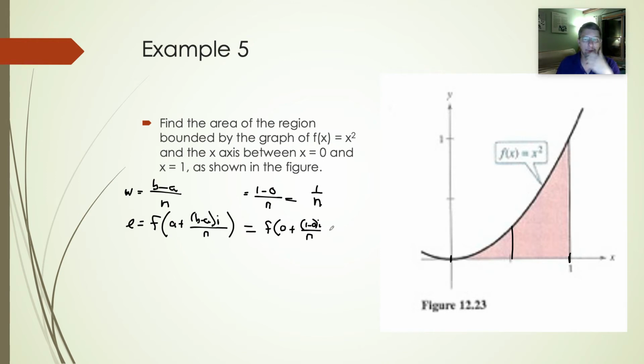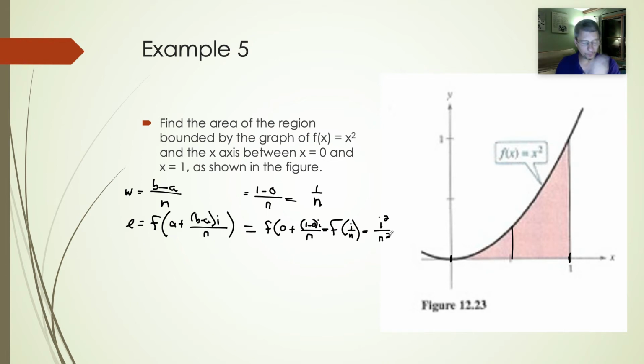Okay, so f of i over n. All right, and that is going to be i squared, because f of x equals x squared, so i over n squared is going to be i squared over n squared.